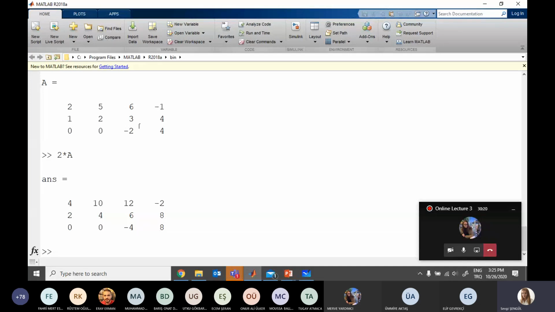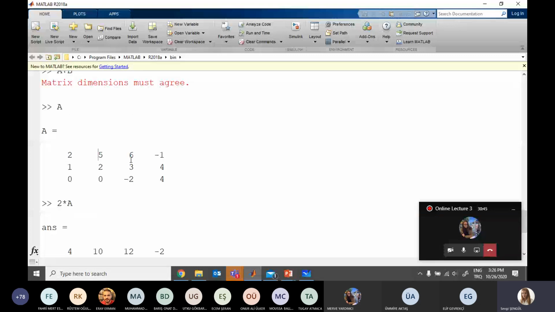It will multiply by 2 for each entry inside the matrix. And in MATLAB, this is not logically true as a mathematical calculation, but you can add 3 to each element by doing this. So if I say a matrix plus 3, it will add 3 to each entry inside the matrix. Okay, this is just one function in MATLAB.